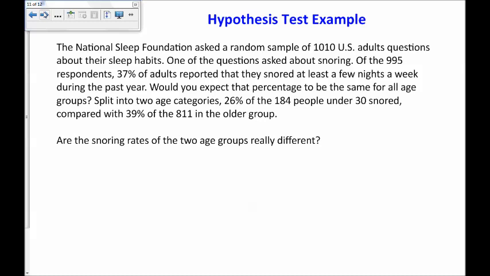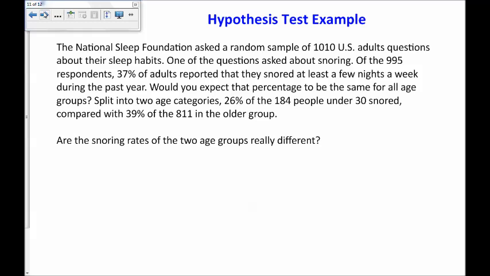So here is an example of a hypothesis test. The National Sleep Foundation asked a random sample of 1,010 U.S. adults questions about their sleep habits. One of the questions asked about snoring. Of the 995 respondents, 37% of adults reported that they snored at least a few nights a week during the past year. Would you expect that percentage to be the same for all age groups?